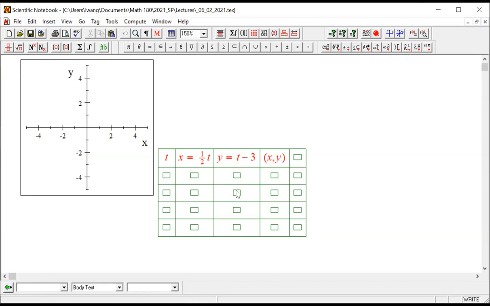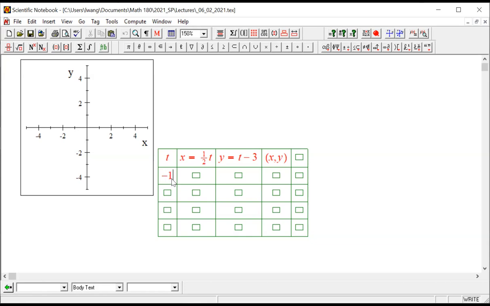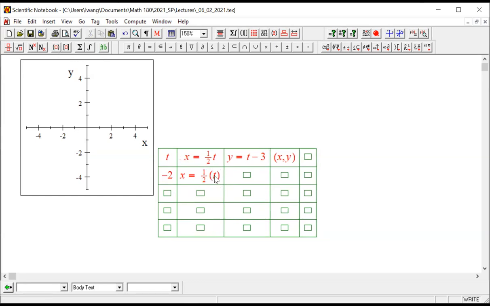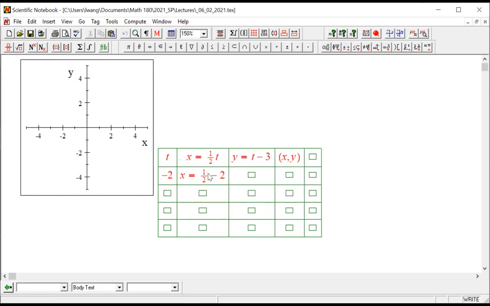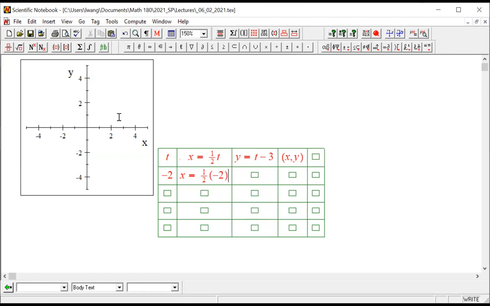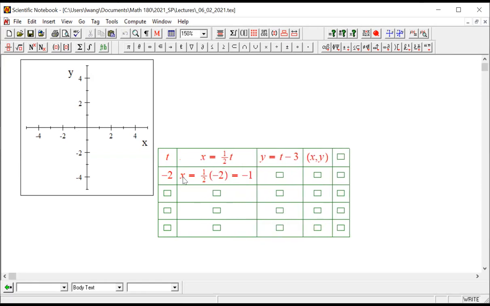Because t can be any real number, we can choose any real number. So I'm going to choose, considering the easiness of calculation, say, t equals -1. Let me choose t equals -2, because I don't want to deal with fractions. Then x will be equal to 1/2 of t, and t now is -2, and that product equals -1.